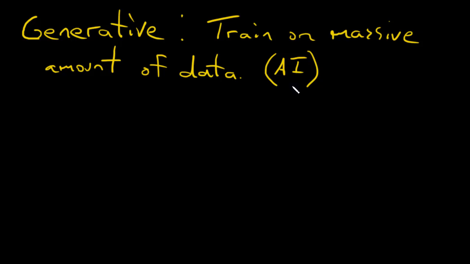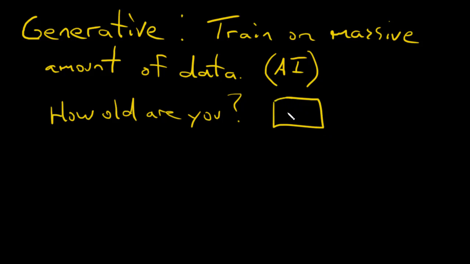Syntax is very difficult for them to get. For example, in a generative model, you could say, how old are you? And whatever its output is, who knows? Maybe it's 72. No idea. But you want the exact same answer to happen if you say, how long have you been alive?